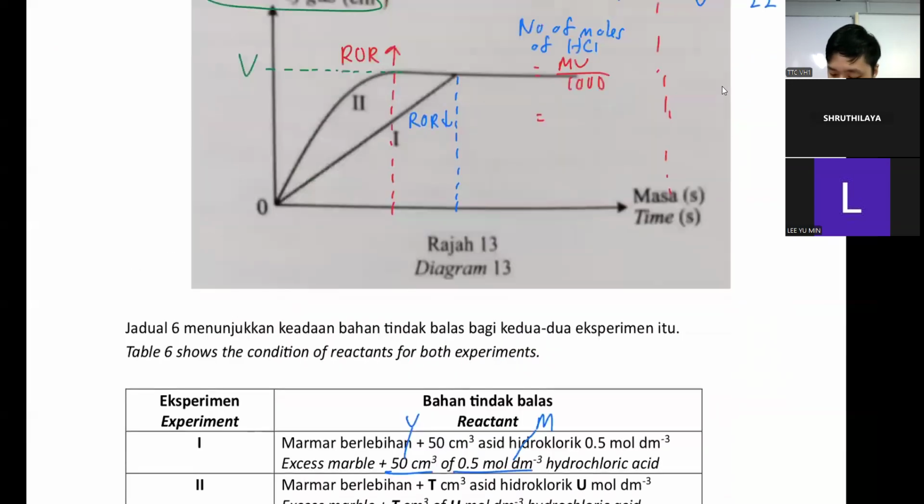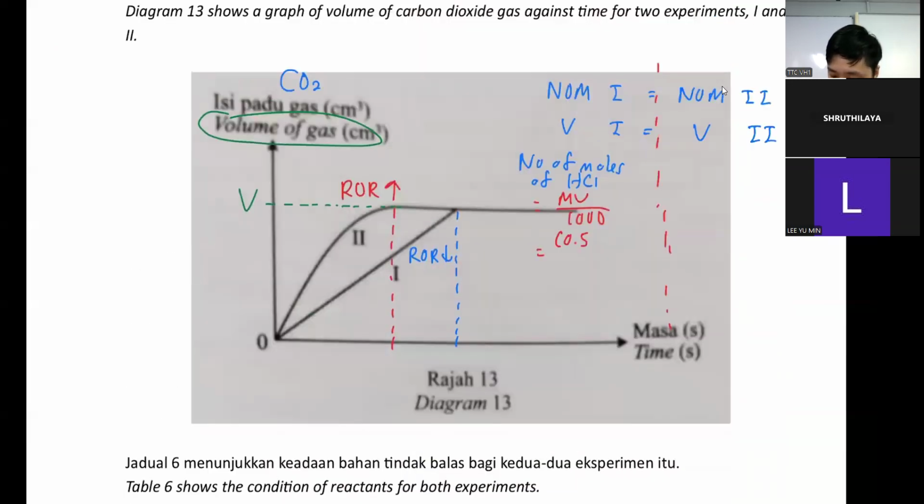The M is 0.5, V is 50 divided by 1000. So you will get, let me see, 0.025 mole.